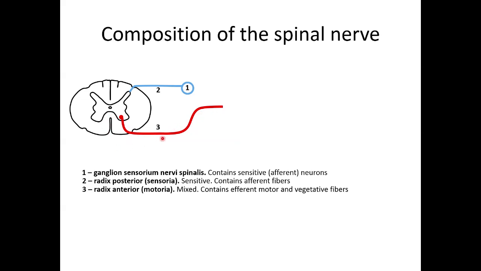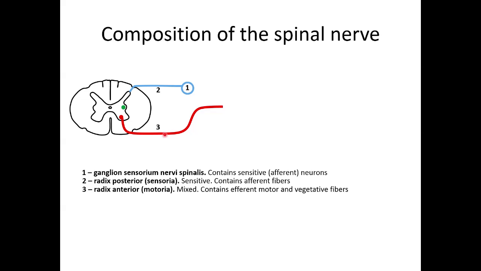So radix anterior is efferent according to direction of nerve impulses, but we can't say that it's completely motor, because beside motor fibers which innervate the skeletal muscles, inside of it we can find also vegetative fibers.